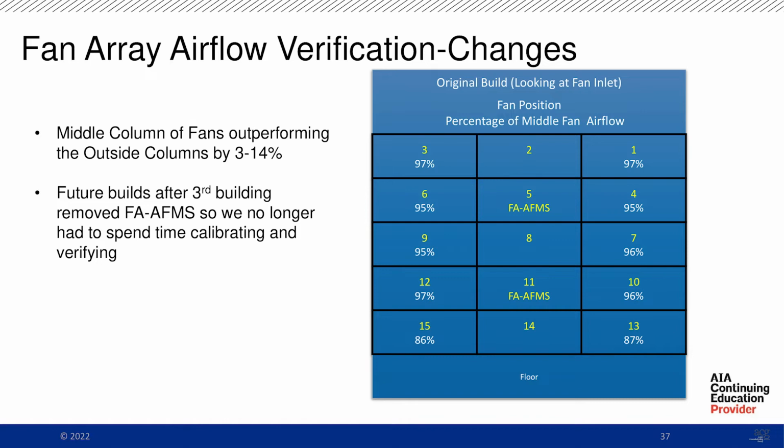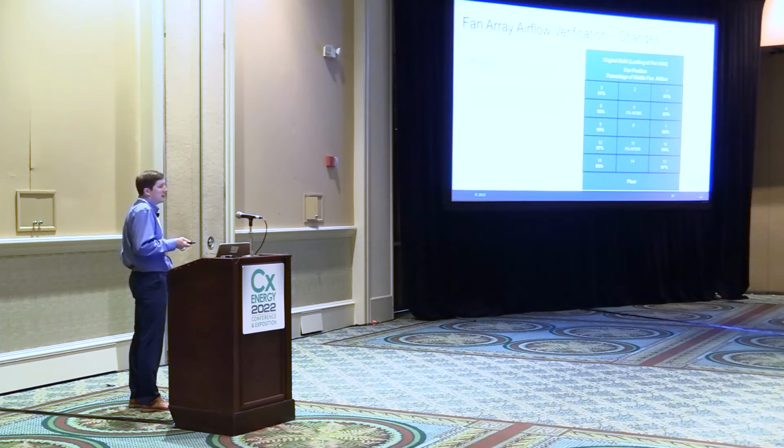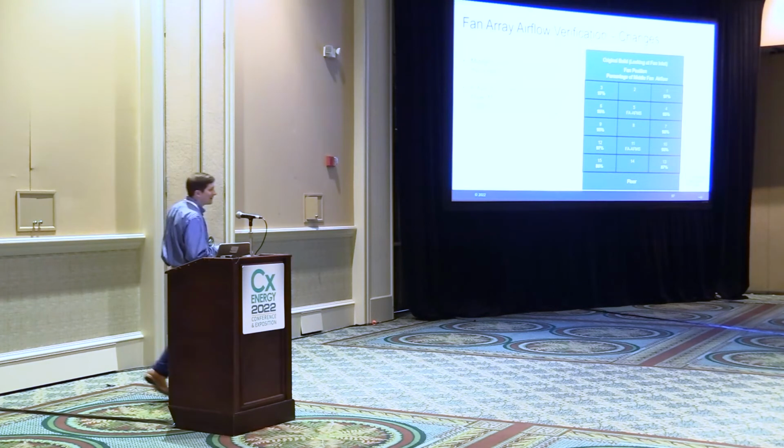I've seen them on every single fan, which works pretty well too, but I've also seen those not work at lower speeds. Future builds after the third building removed the fan array airflow monitoring station, because it didn't give us a number we felt good about. Nobody really trusted it. The owner didn't trust it, we didn't trust it, so they removed it altogether.